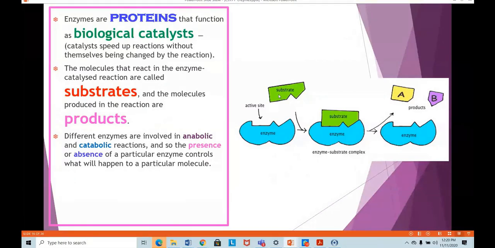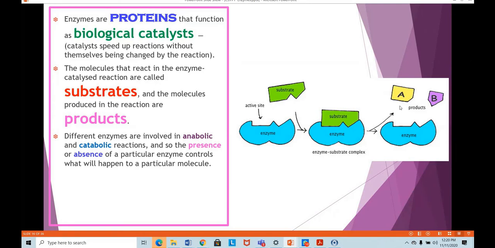And the molecules that are produced in the reaction are known as the products. So in this example, if the enzyme pepsin works on the substrate protein, the protein is broken down after the reaction into amino acids. These amino acids which are produced are the products of this reaction, the A and B which you can see here.